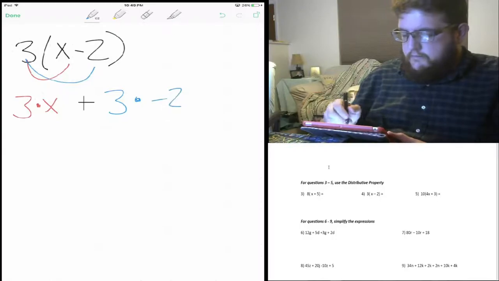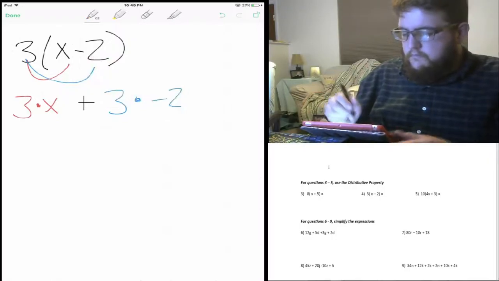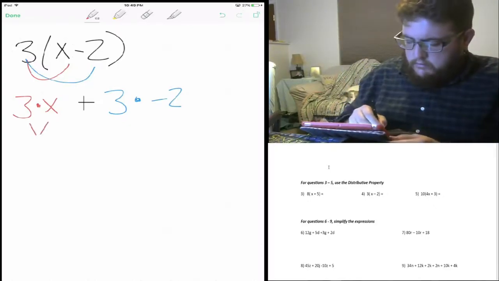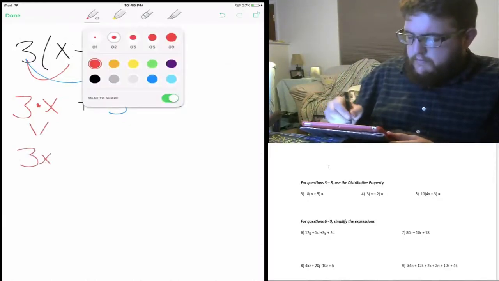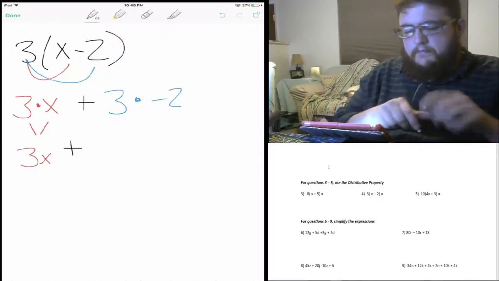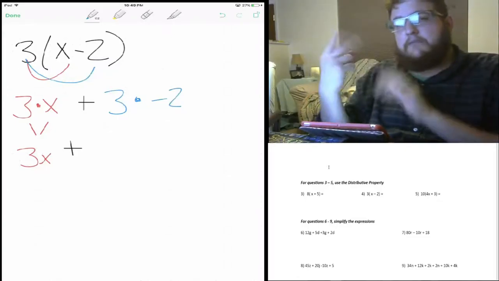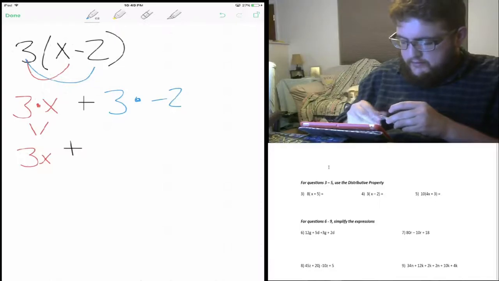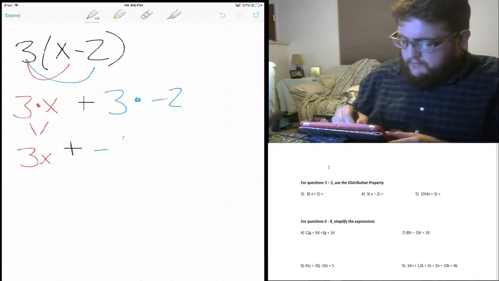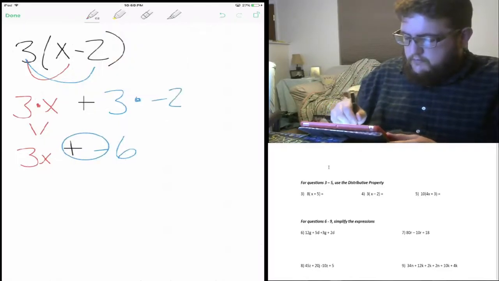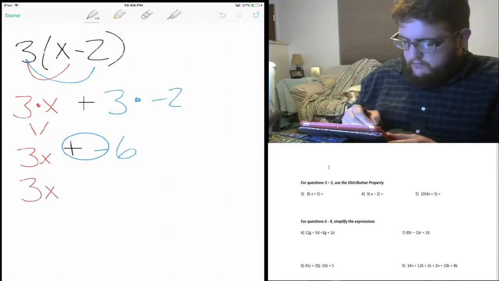So we'll have 3 times x and 3 times negative 2. 3 times x is equal to 3x, and we will add that to the product of 3 and negative 2. And 3 times negative 2 is negative 6. And remember that adding a negative number is the same as subtraction. So this can be rewritten as 3x minus 6.